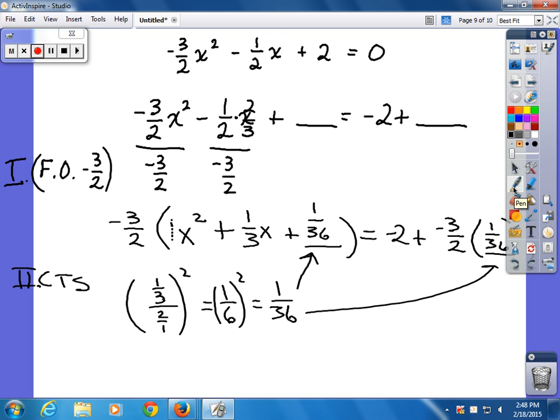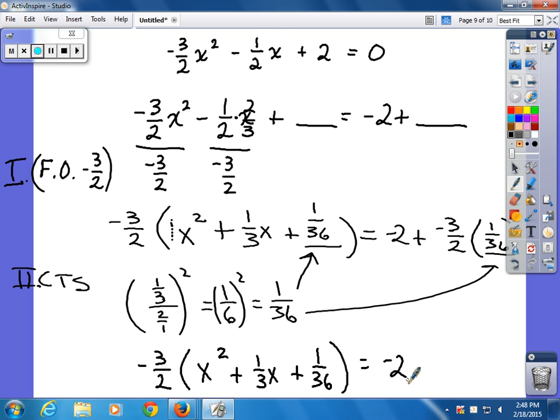And when we're through, we've got -3/2 times x squared plus 1/3 x plus 1/36 is equal to -2 minus 3/2 times 1/36.